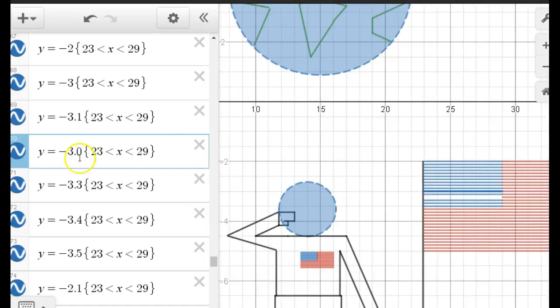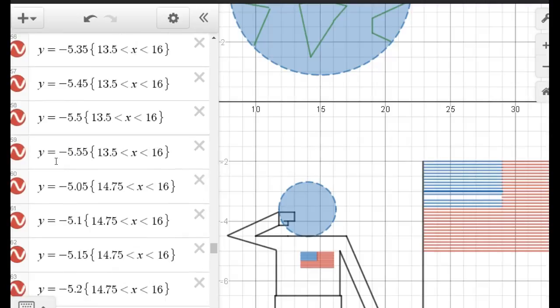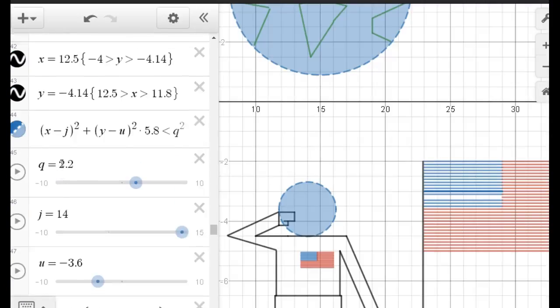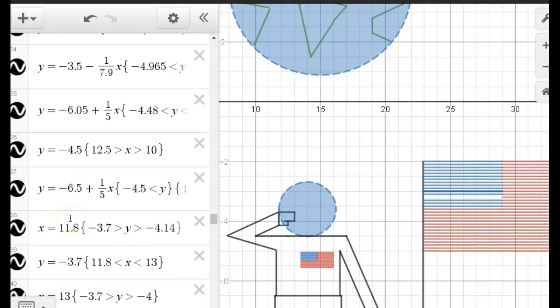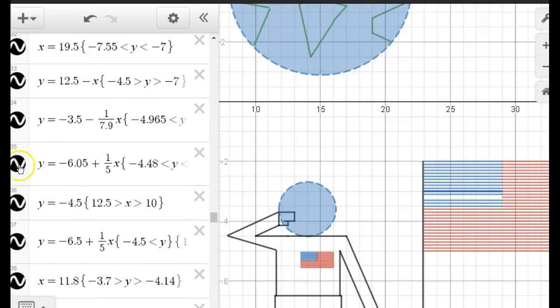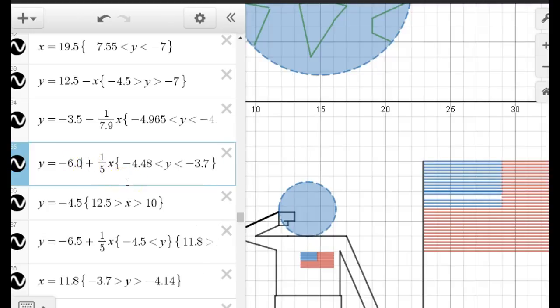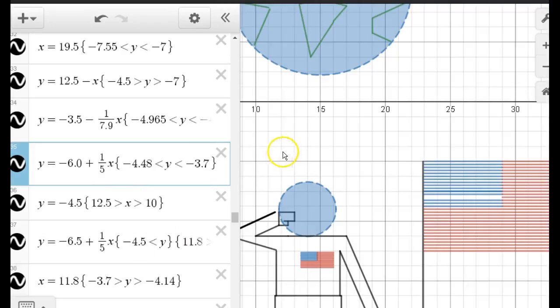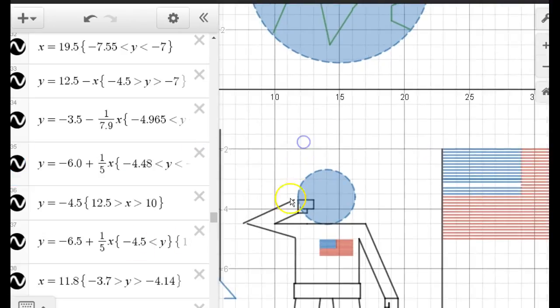So you do need a certain level of precision, and that's why we're learning how to do this, is that at some point we can't just say, oh, it's close enough, it's fine. Especially when we get here, see these diagonal lines, if we even take this and make it -6 instead of -6.05, you can see now it's off by a little bit. It's obviously not correct because it doesn't fit perfectly.